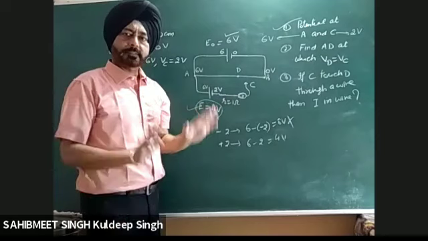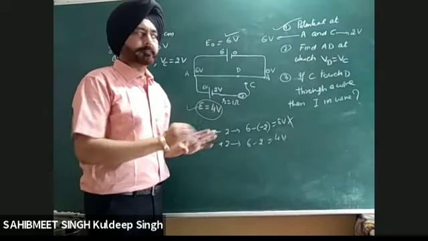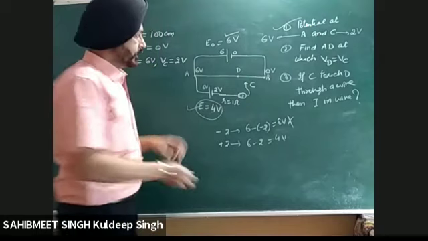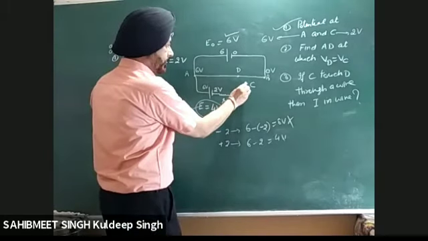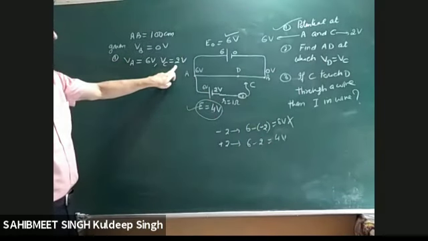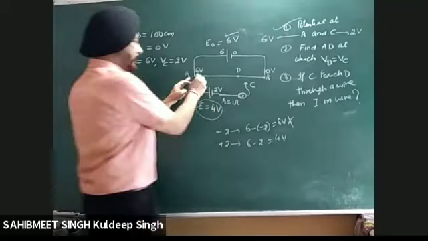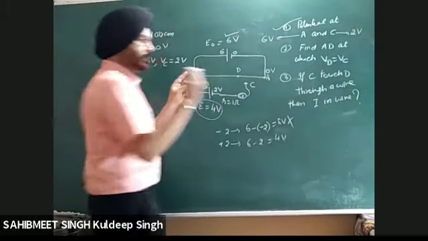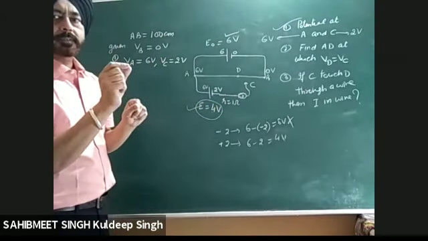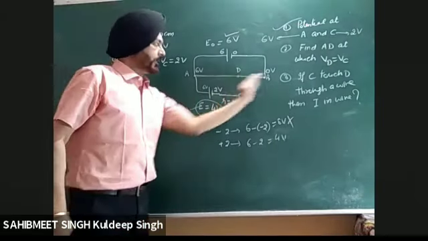The question is very simple now, but even then there is a chance of a mistake. C is at 2 volt. I have calculated the potential of C is 2. So on this wire, I have to find the potential equal to 2 volt.